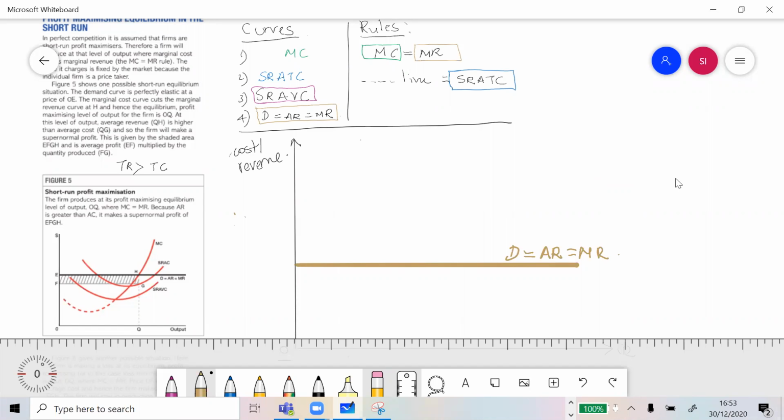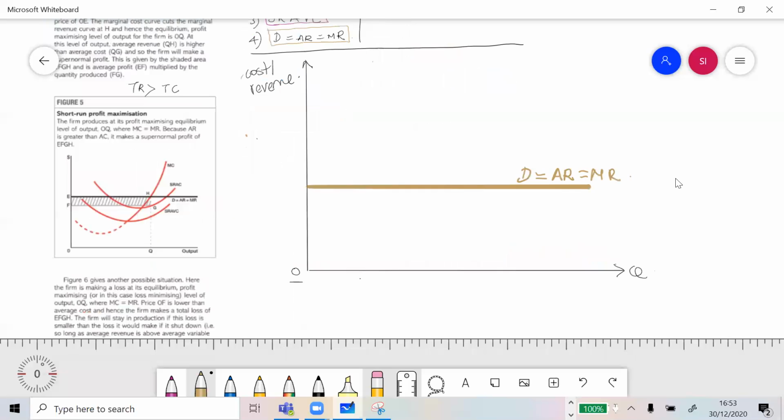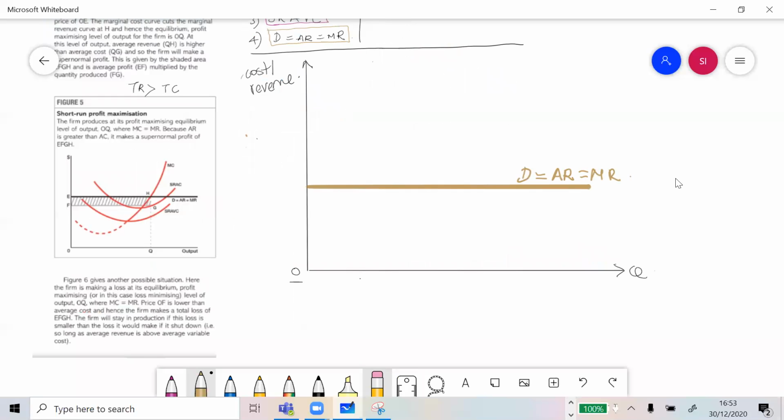Right. Now, once you finish drawing your D equals AR equals MR, now we are going to draw the short run average total cost.